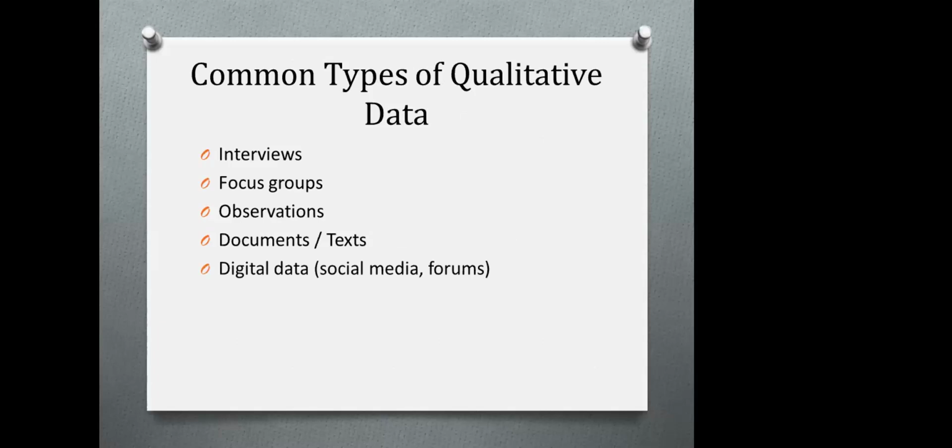So I've mentioned that some of the common types of data that you may need to analyze would include interviews. And of course, interviews may include in-depth interviews, key informant interviews. They may include also focus group discussions, observations. So all these forms of the sources of data could be speaking to one objective.